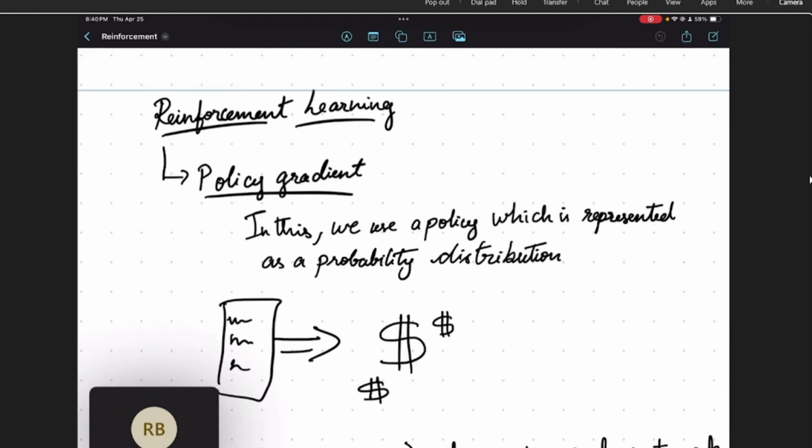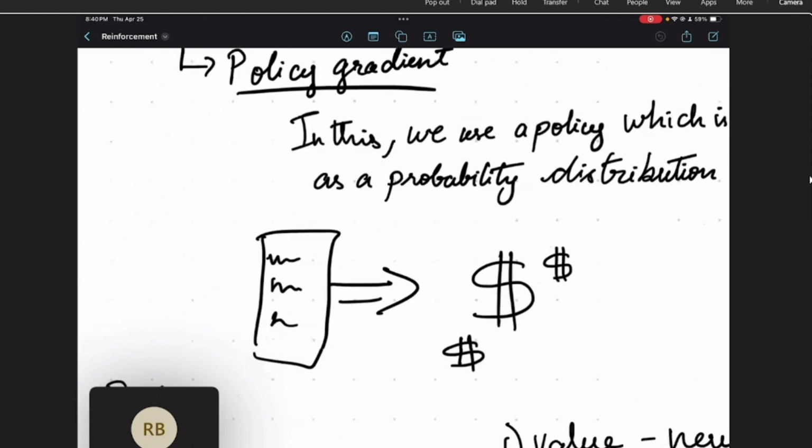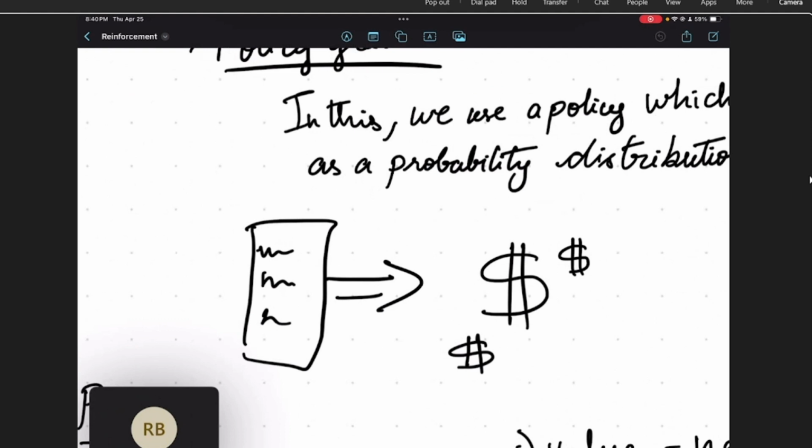Under reinforcement learning, there's a topic called policy gradient, in which they use a set of policy rules, represented as a probability distribution. This policy is the set of rules that helps to give a reward, so that if the model applies these rules, it gets a reward and the model gets trained as it's supposed to be.